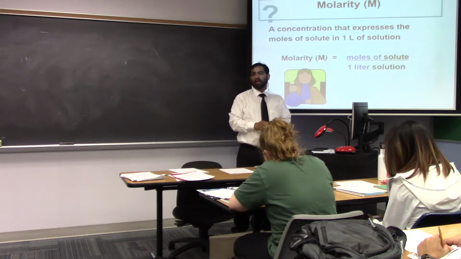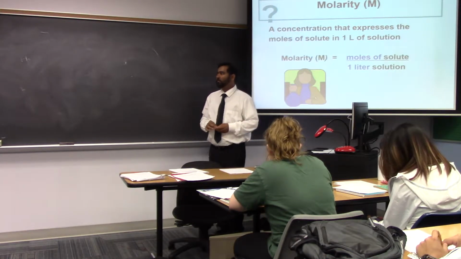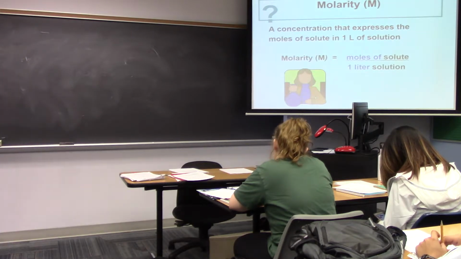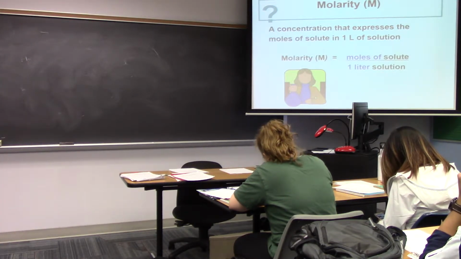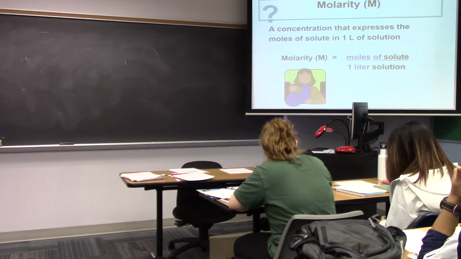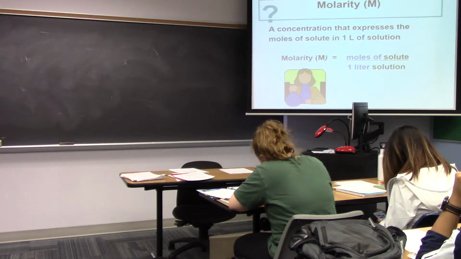How many moles you have in 1 liter solution, that's the molarity. So molarity is a type of concentration. What does M stand for? M stands for molarity, which is n, the number of moles, over volume in liters. So number of moles and liters.